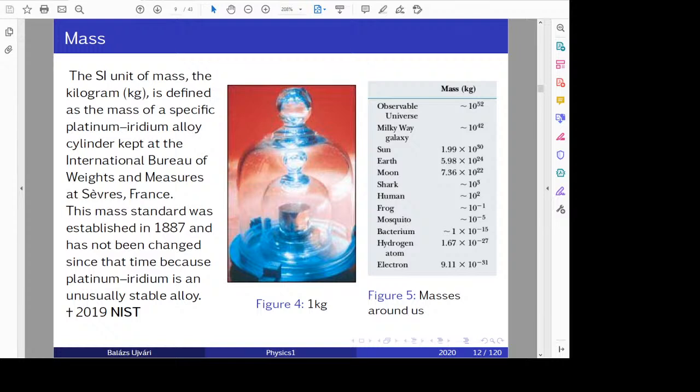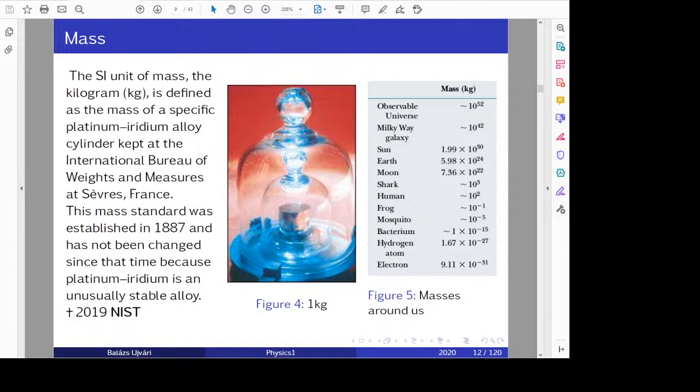If you put a piece of aluminum on your desk, the atoms of the aluminum on the surface can go into the air, so they can leave the block, and therefore the weight can be changed. This platinum iridium is very stable, so technically till last year it was precise enough to represent the 1 kilogram.